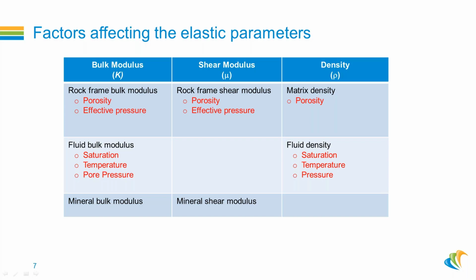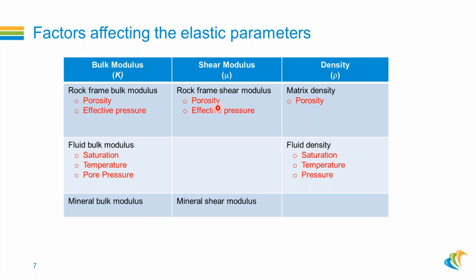So bulk modulus is affected by the rock frame bulk modulus, which is the skeleton of the rock, and itself is affected by the porosity, effective pressure, and also the fluid bulk modulus, which is also a function of the saturation, temperature, pore pressure, and mineral bulk modulus as well is affecting the bulk modulus of the rock.